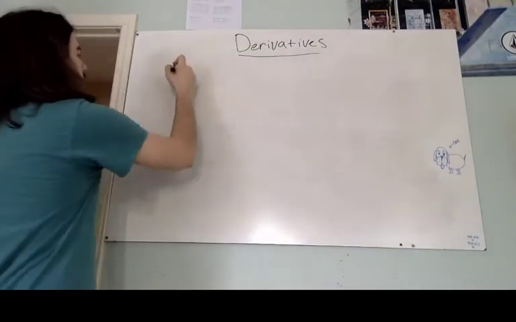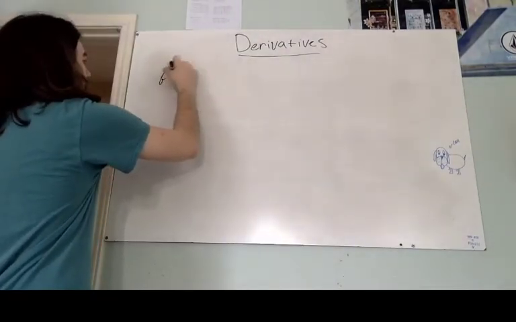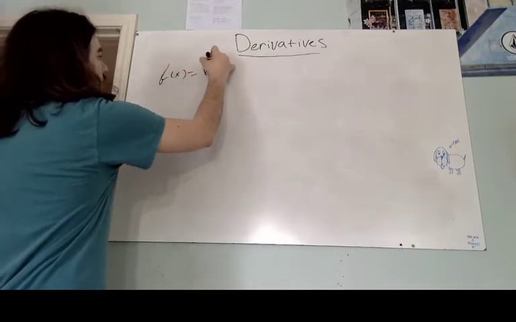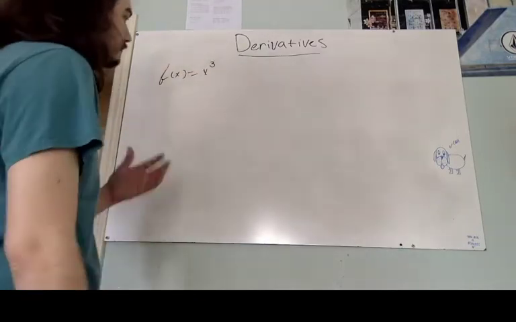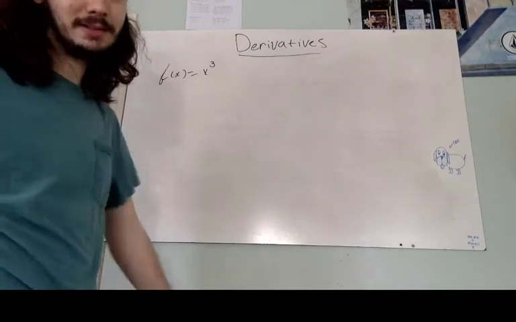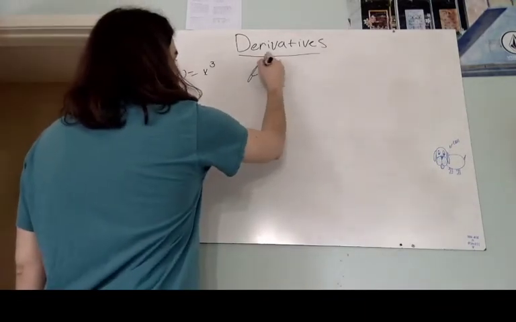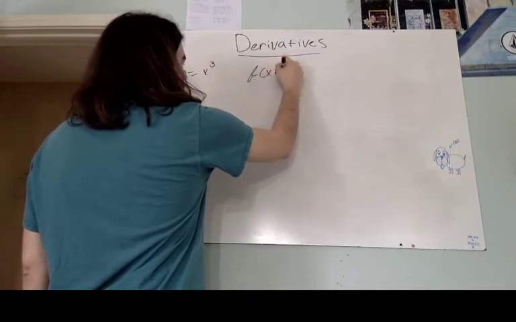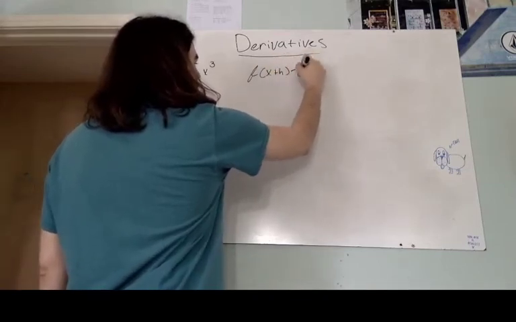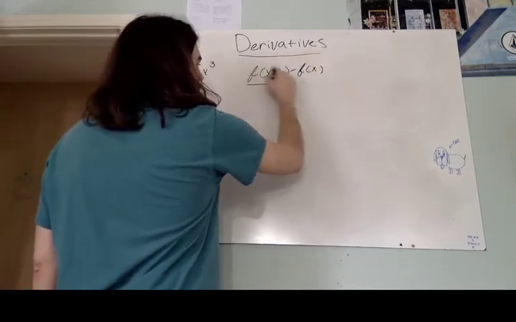Okay, so why don't we try x cubed. f of x equals x cubed. So same old thing. These can get a little bit tedious, and this will be a little bit of a tedious one. So remember, difference quotient is f of x plus h minus f of x over h.